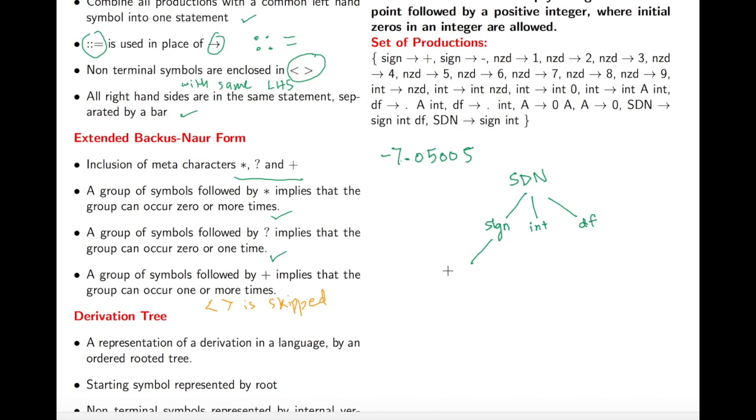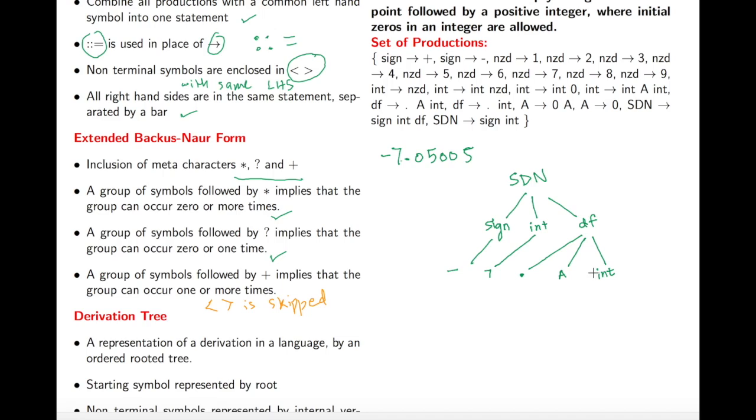Then sign is just negative, so this is a leaf. Then we have a 7 here. And then this is point a int here. I have used point a int, this one here.